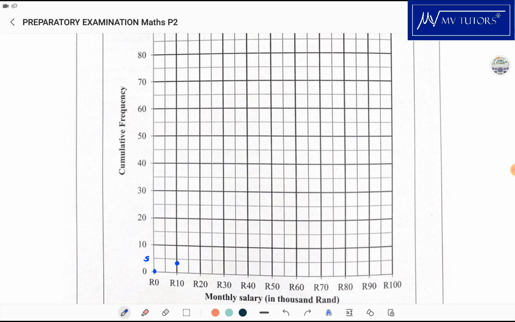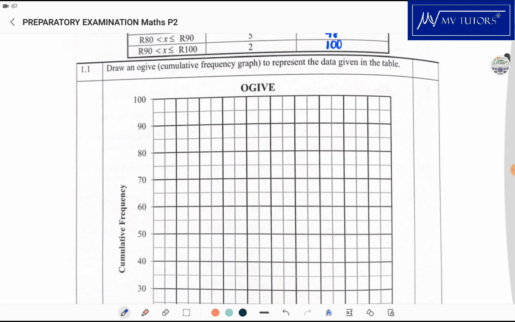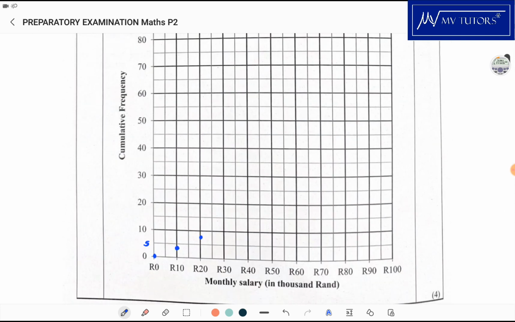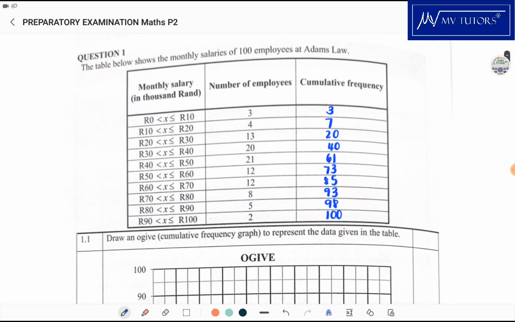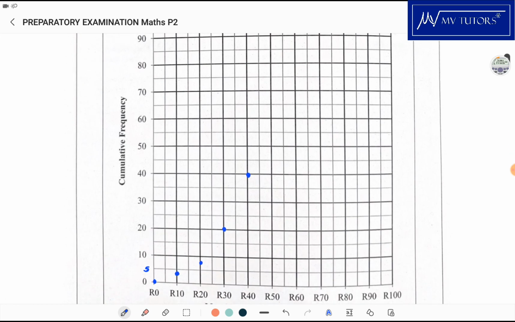I don't know if we should label it, we're not going to finish. Then 20 and then 40. So let's go to 20 for 30 rand, 40 for 40 rand. Then we have 61 and 73, somewhere there.